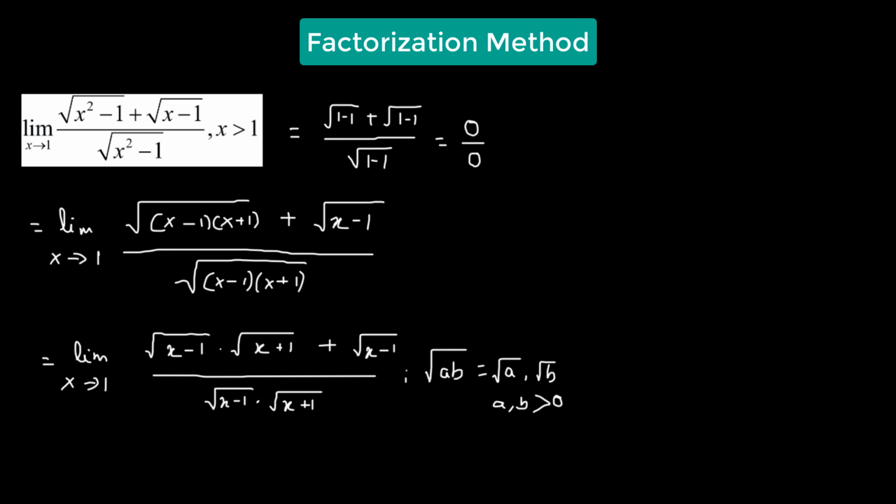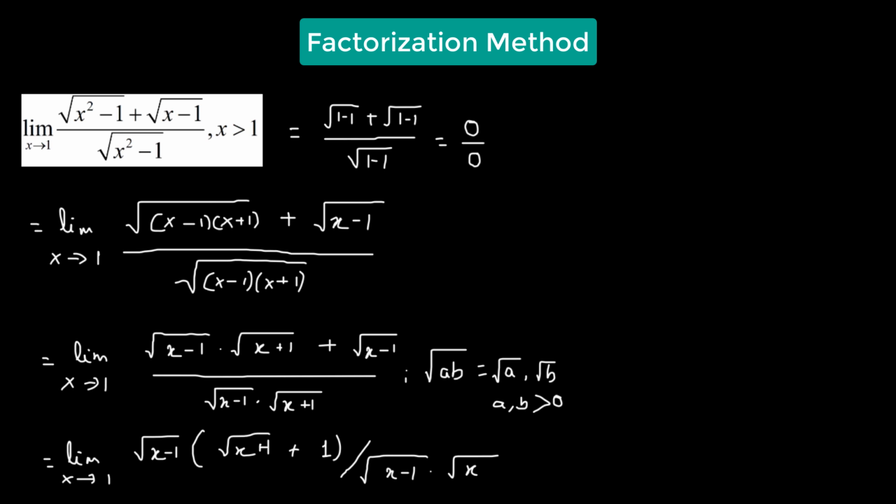So now we can take the limit as x approaches 1. We can consider the square root of x minus 1 as the common factor. So that will leave us with the square root of x plus 1, plus 1, divided by the square root of x minus 1 times the square root of x plus 1.